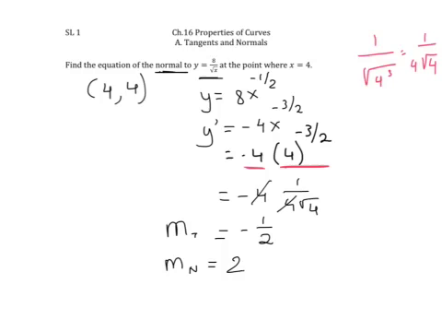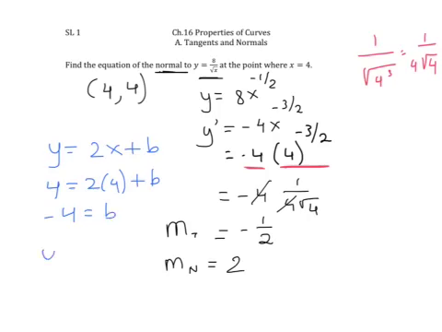Once we have that, it's really easy from here: y equals 2x plus b, and we know when y is 4 and x is 4, we're trying to figure out the b. So this is 8, so subtract the 8 on both sides, negative 4 is equal to b. Therefore, the equation of the normal would be y is equal to 2x minus 4.